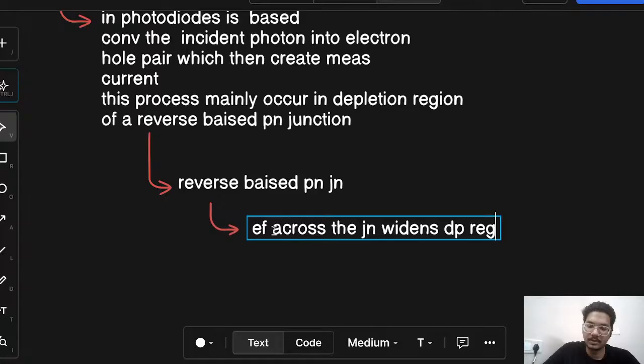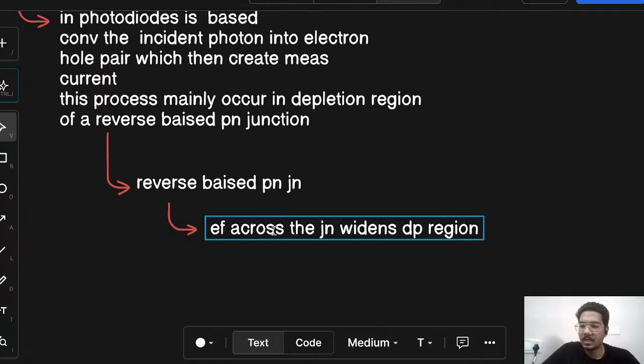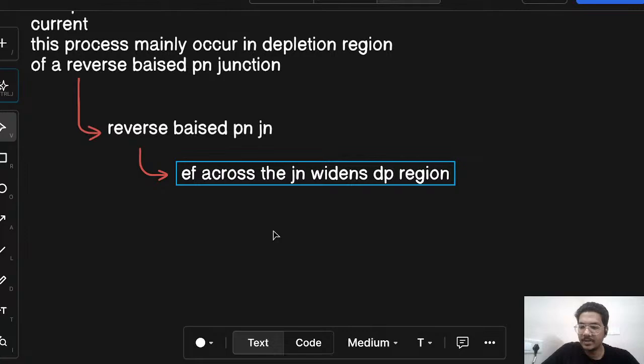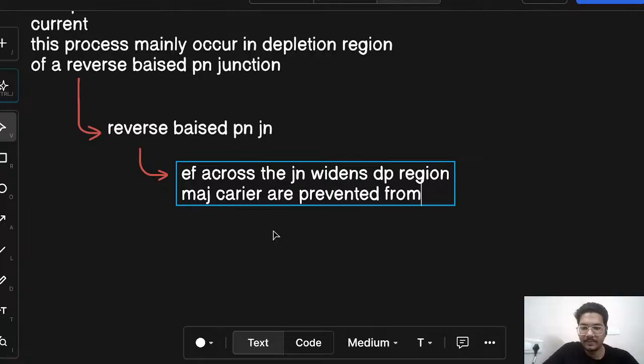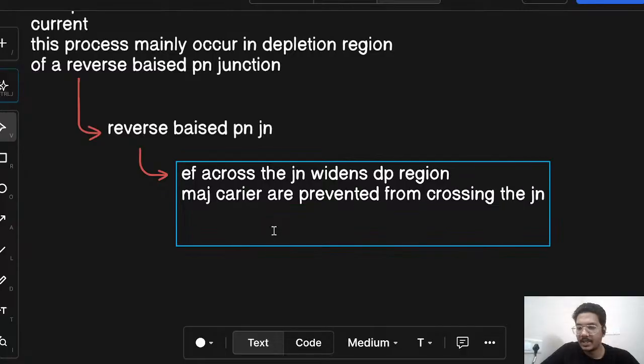Majority carriers are prevented from crossing the junction, and the minority carriers are quickly swept across the electric field, producing a small reverse leakage current. This depletion region becomes intrinsic, and the mobile carriers are removed.